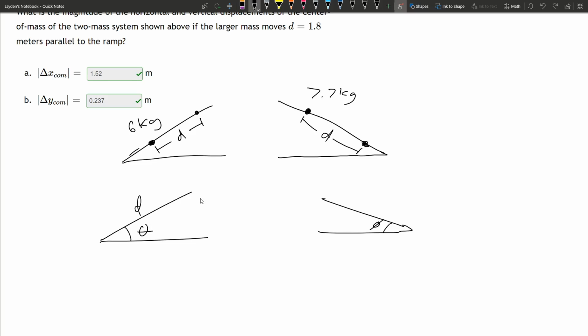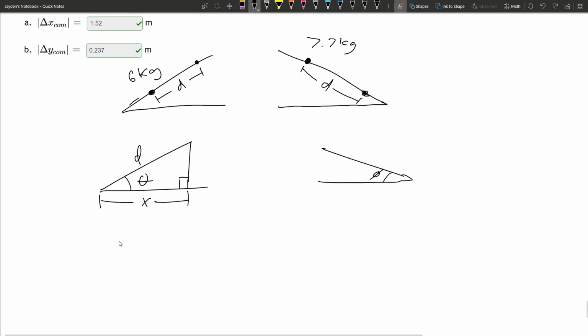So let's call this length d, and let's call this a right triangle. So the distance it moves in the horizontal direction is x. Let's just call it this x. The delta x is going to be positive for this one because it's moving up the ramp. So we can say that cosine theta is equal to x over d.